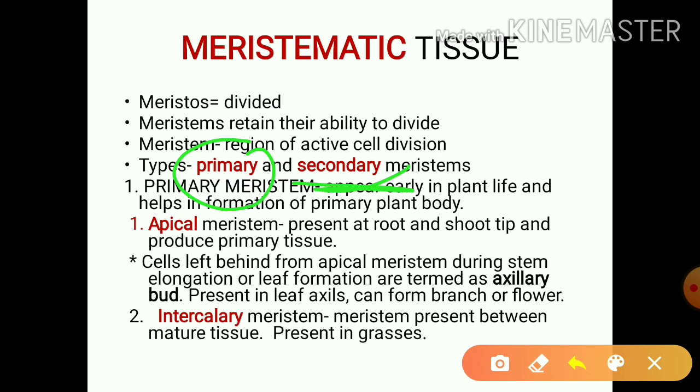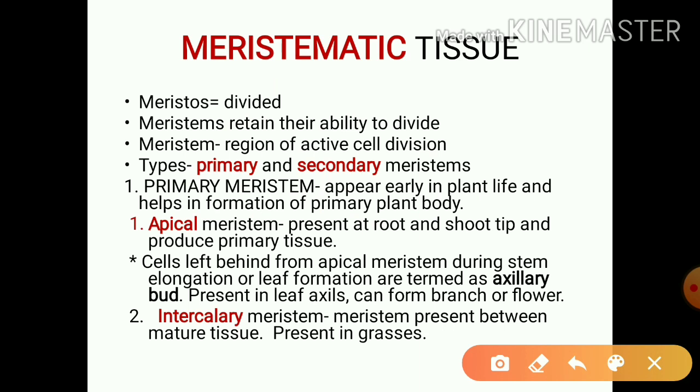Just like you people, first of all you study in primary department and then you go to secondary department. As the words denote, primary is responsible for the initial growth and secondary meristem is responsible for the growth which takes place later on after the primary growth has taken place.